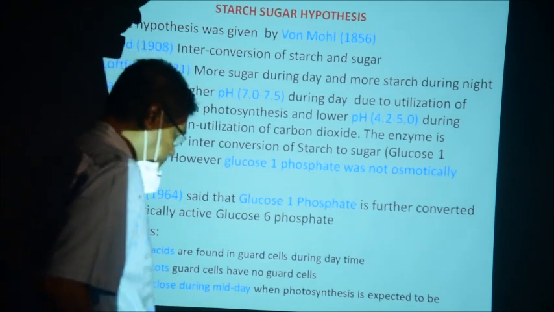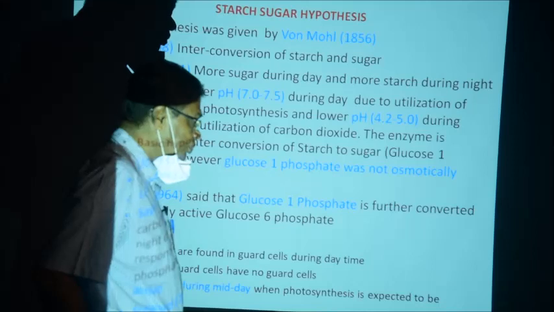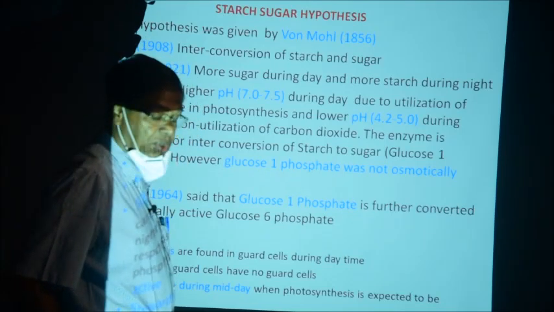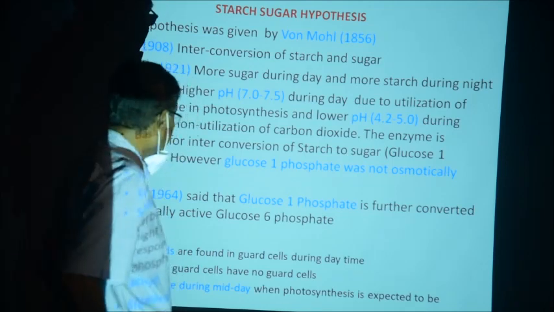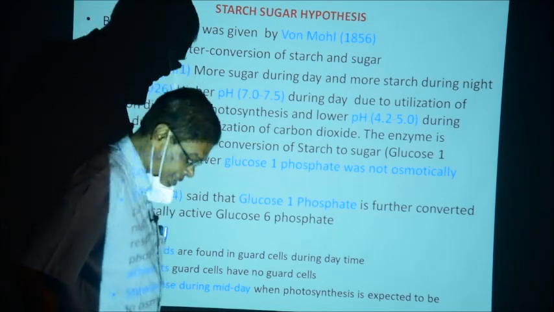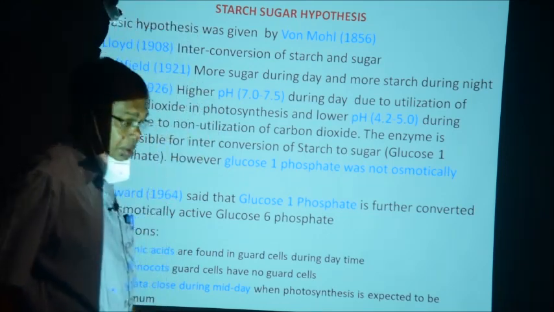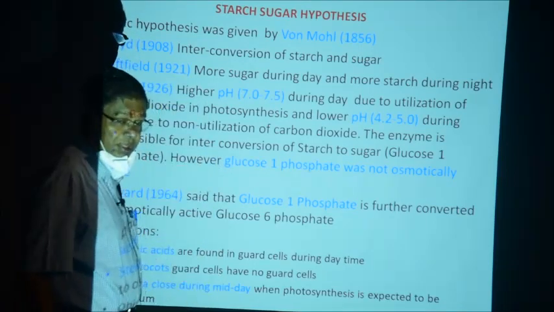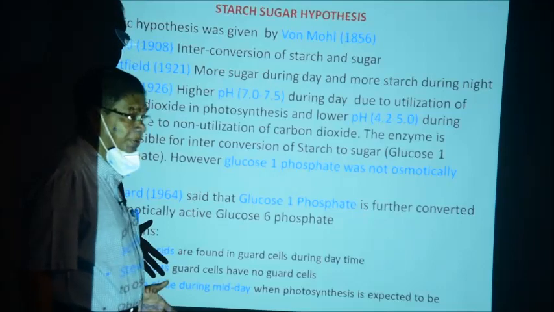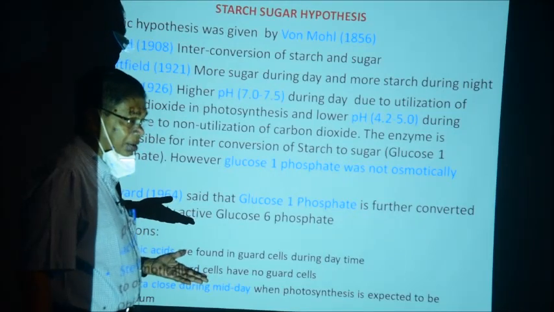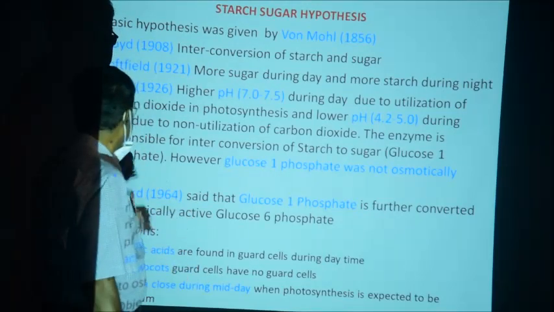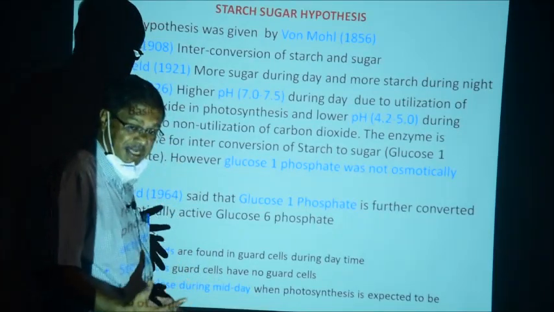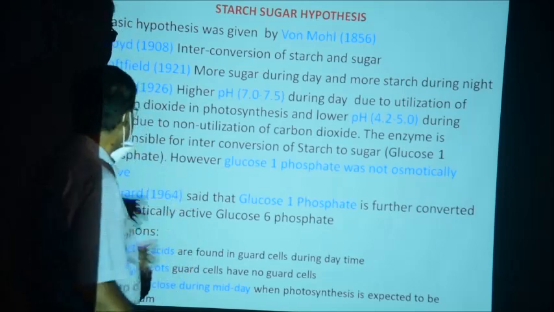Now, there are different mechanisms, or theories, which have been given for explaining the increase of osmotic concentration, or osmotic pressure, or osmotic potential of the guard cells, by which the water from the subsidiary cells enters into the guard cells.